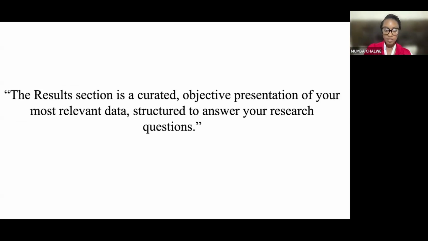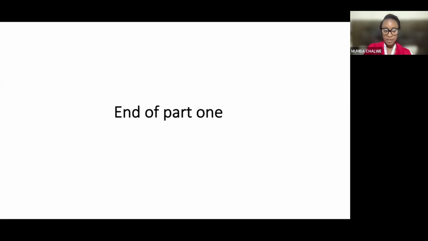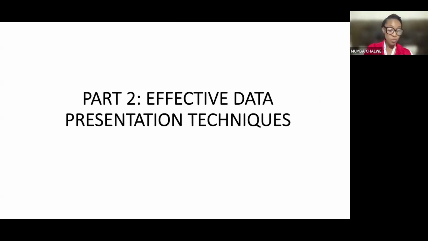Okay, so that's the end of part one. Part two is the fun part. This is what we actually all look at when you're reading a paper. Many times when I'm skimming through a paper really quickly, I look through the tables, look at the captions, and see what's really going on. I also look at the abstract and see what the paper is all about.